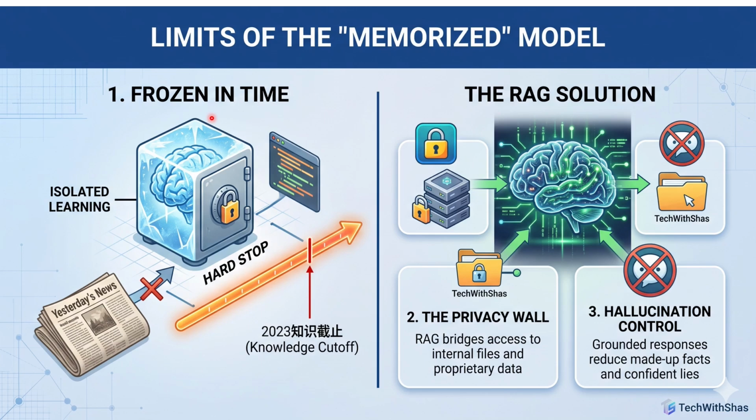So if you have some new information available, for example, a new document or new news, you cannot simply go and train your massive LLM model every single time. The moment training stops, a hard knowledge cutoff line is drawn. That's why we are saying that the LLM has knowledge which is frozen in time and has some cutoff.